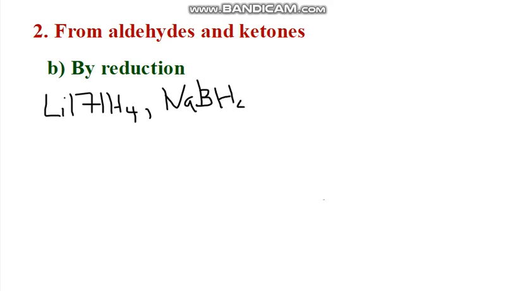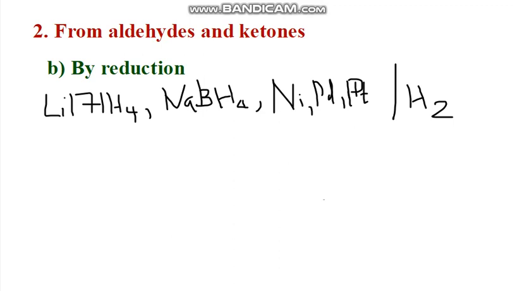The sodium borohydride can also reduce aldehydes and ketones. Then other reducing agents are sodium, nickel, palladium, or platinum in presence of hydrogen. All these are good reducing agents. So we can reduce these aldehydes or ketones.